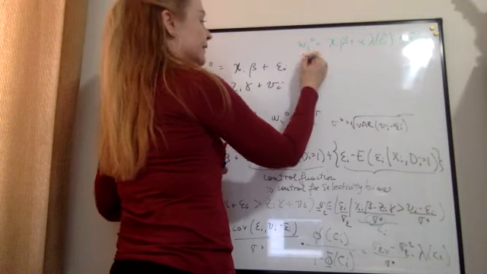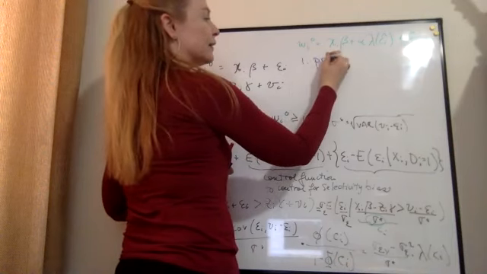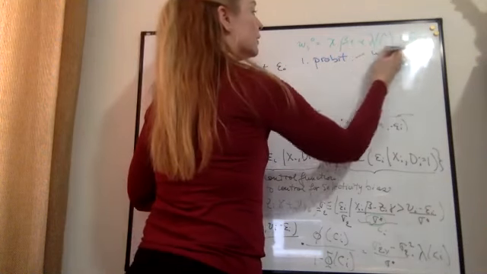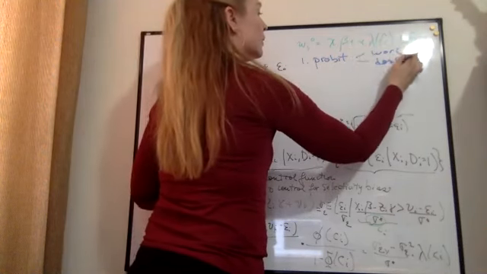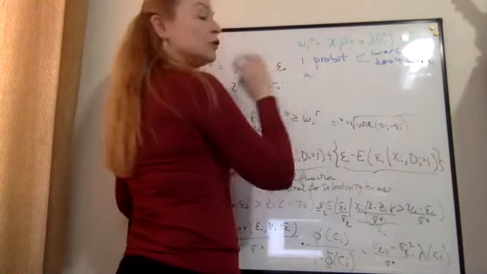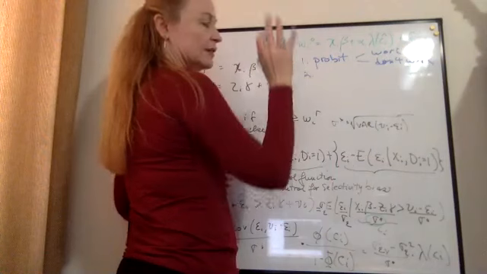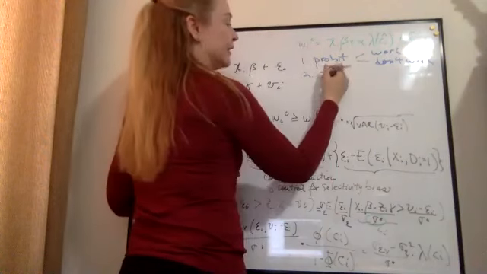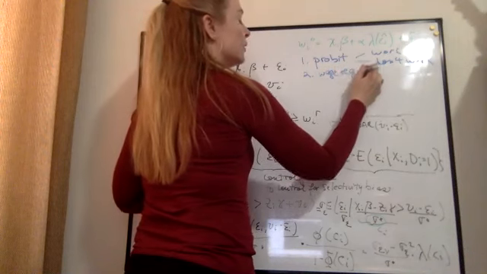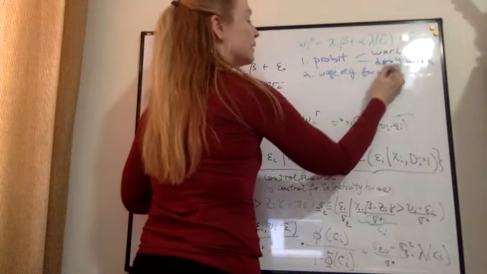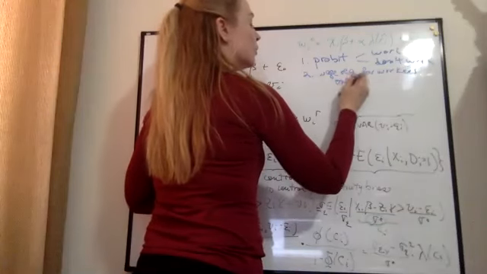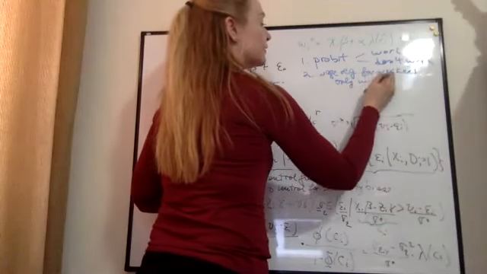So let's see. Step one is probit, and it's only work or don't work. So I don't use wage data. That's the crucial thing: in step one, I'm not using my wage data. Step two is wage regression for workers only, with the lambda function.